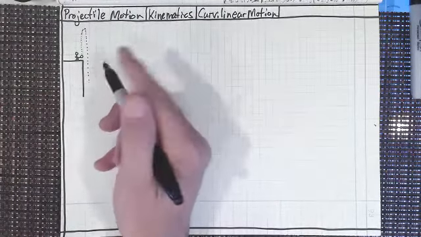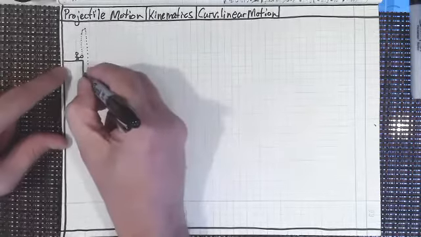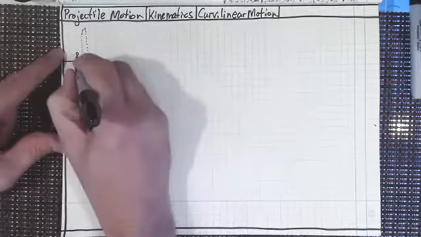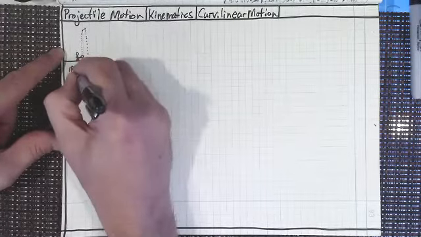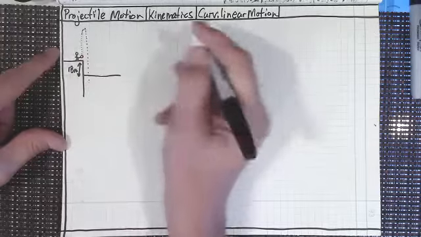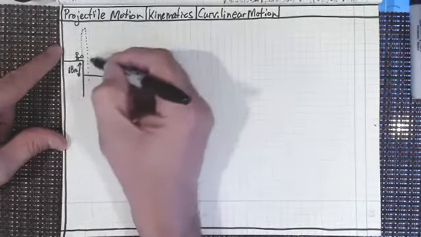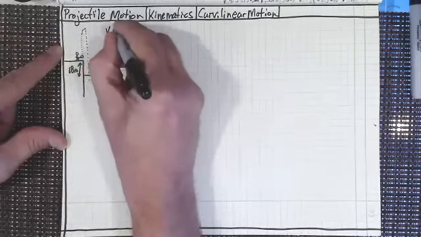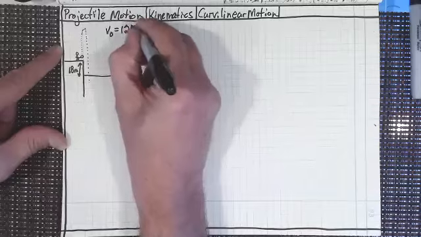All right, let's say that the ground is right here, and that this distance here is 18 meters, right? 18 meters, that's about 50 feet, isn't it? He's going to throw that ball up with an initial velocity of 12 meters per second.